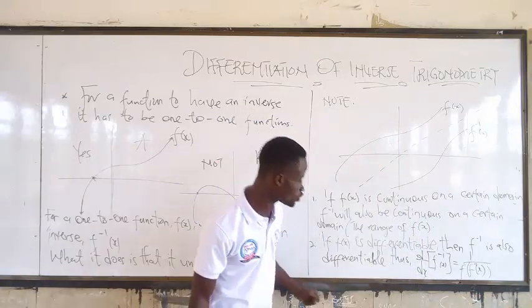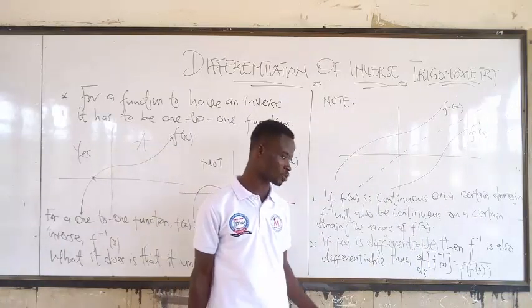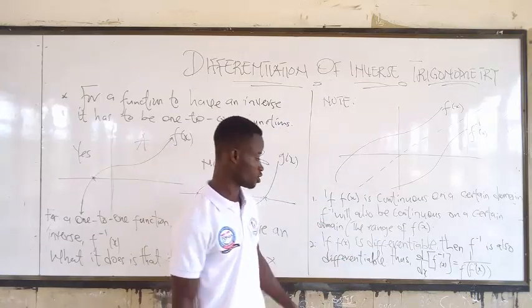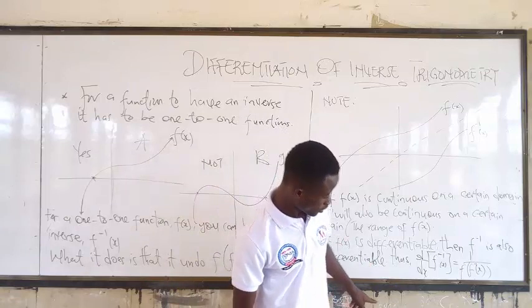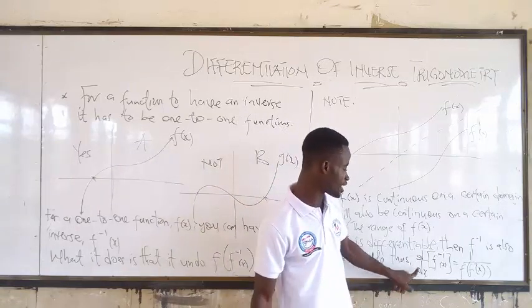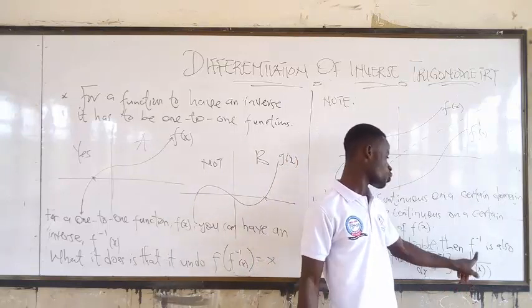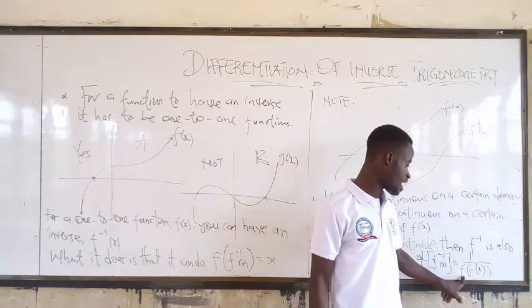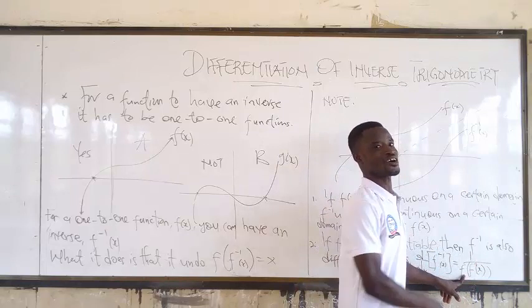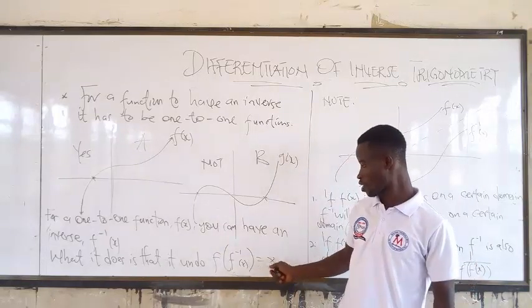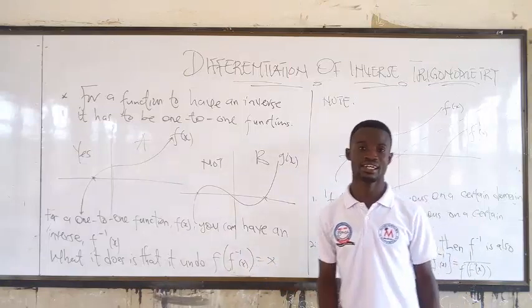So if a function f of x is differentiable, then f inverse is also differentiable. Thus, when we take the differential of f inverse, we are going to get 1 over the undo function. And you know that is the same as 1 over x from our idea here.